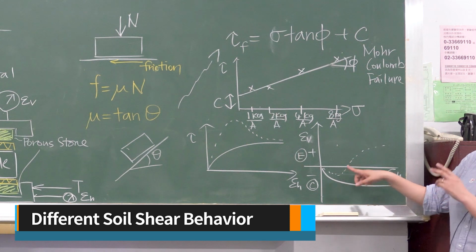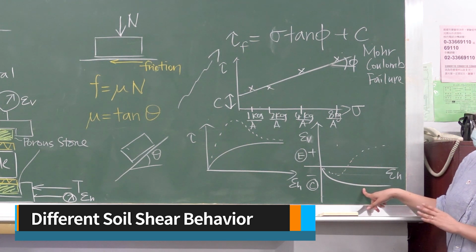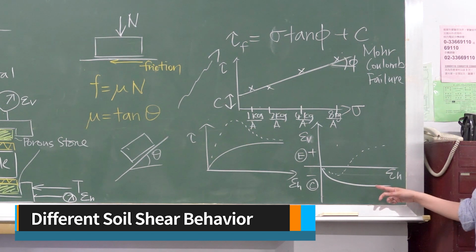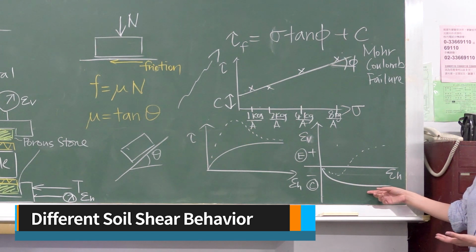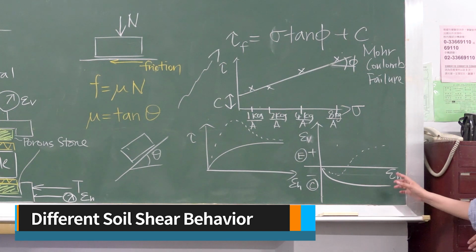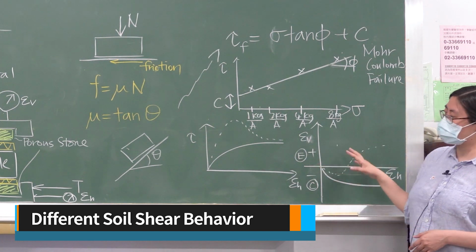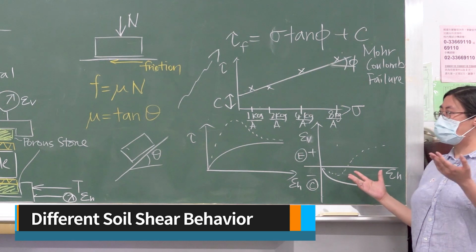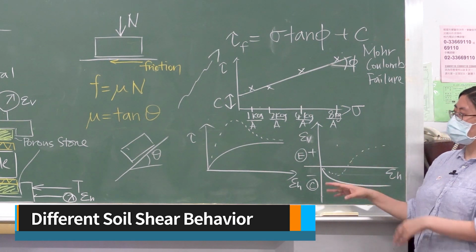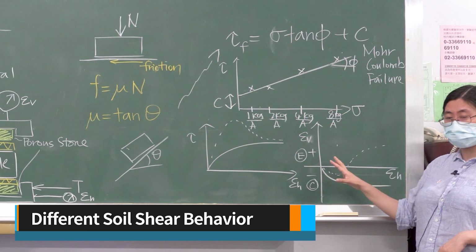For loose material, you will only have negative strain, or contraction of the soil, when you perform your test. So these kinds of plots will help you determine whether you have a dense sand or loose sand. When you perform the test, you will need to check this graph as well.